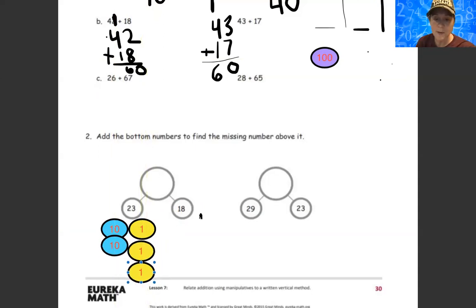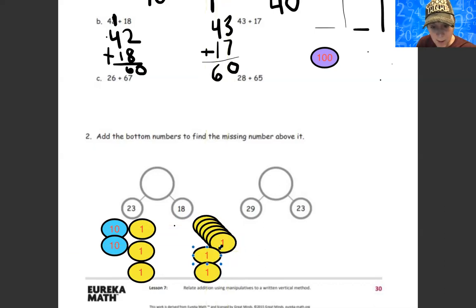Okay. Now we also have to build 18. How many ones are in 18? Yes, there's 8 ones. So let's go ahead and build our 8 ones. 1, 2, 3, 4, 5, 6, 7, 8. Oh my goodness, we have so many.